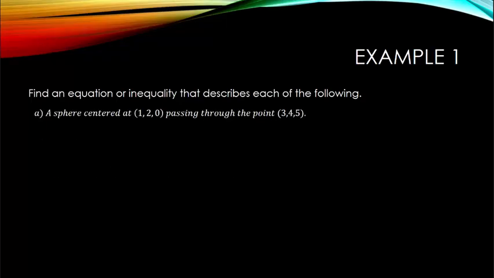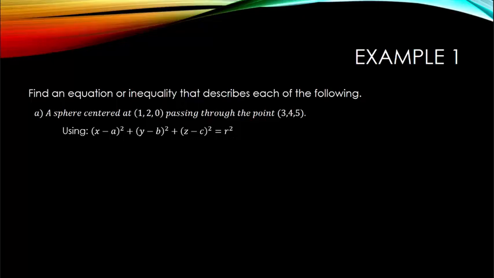To find the equation for a sphere centered at the point (1, 2, 0) and passing through the point (3, 4, 5), I know that if I'm working with a sphere, it's going to be an equation that uses the form (x minus a) squared plus (y minus b) squared plus (z minus c) squared is equal to r squared.